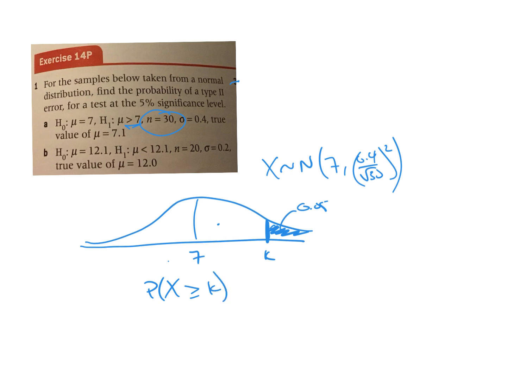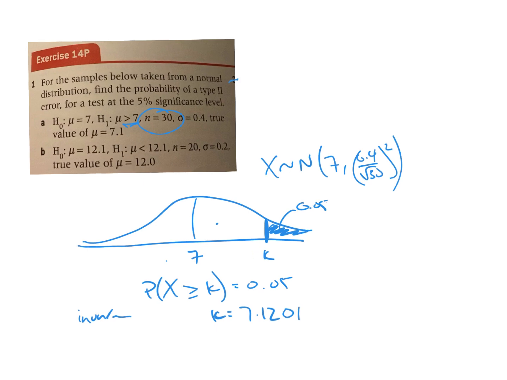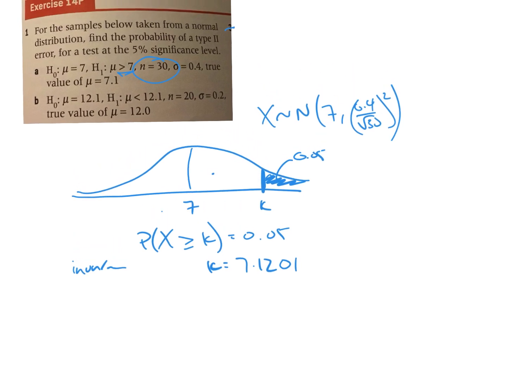I want that to be equal to 0.05. And so to do that, in my calculator, I'll do inverse normal, and I'll find k will be 7.1201.